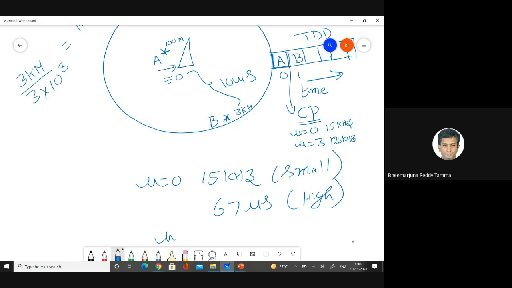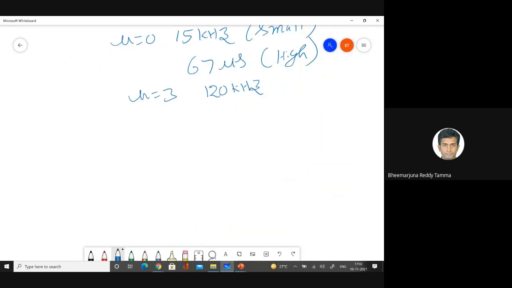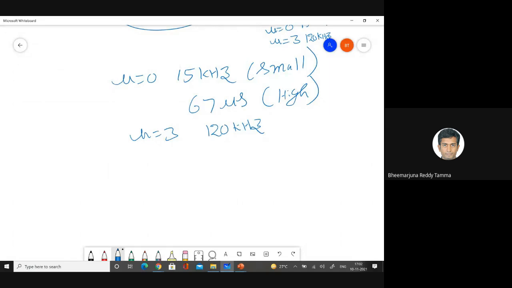As you go to numerology 3, it is 120 kHz, and this is high, and in the time domain you have to divide this by 8.